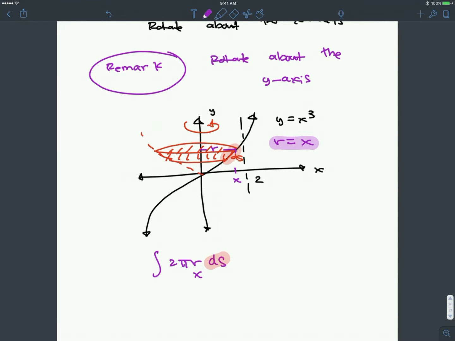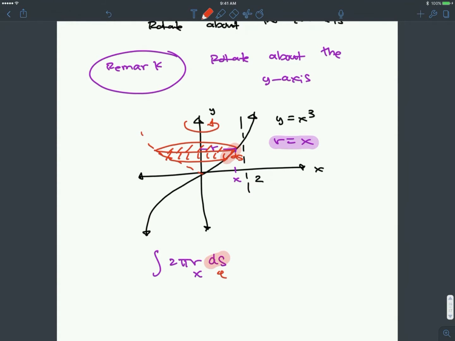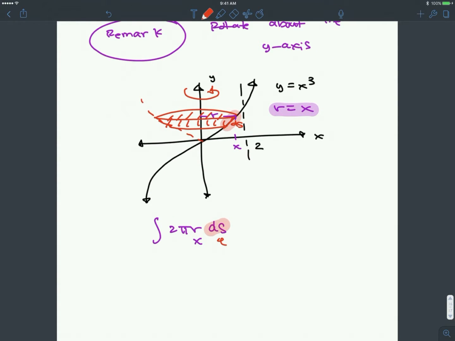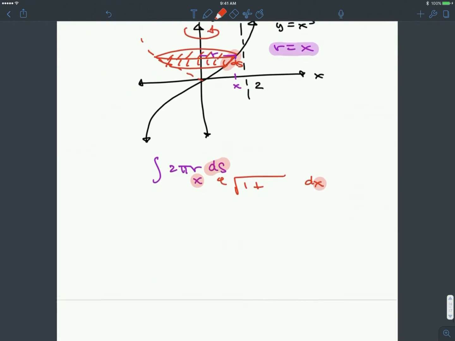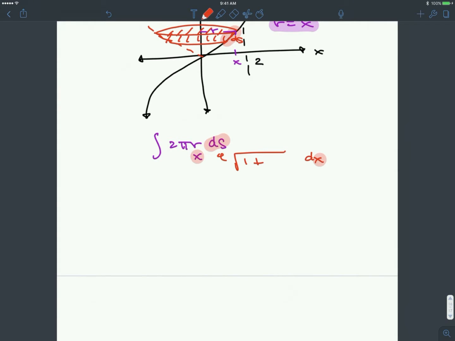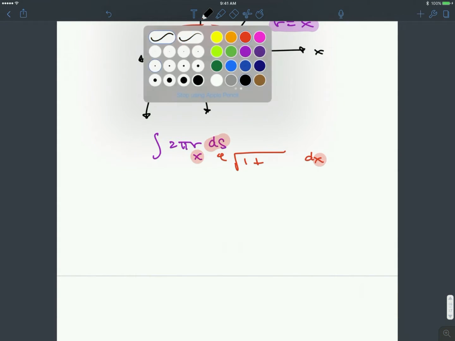We always want the ds to be one that gives me an integral that can integrate over the variable x, because I have my x here. This is my dx. I have my x. They gave us y equals x cubed. That's okay, that's fine.